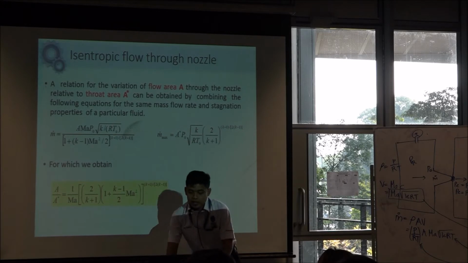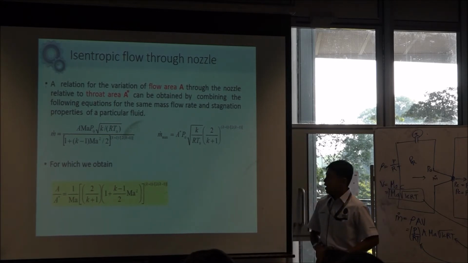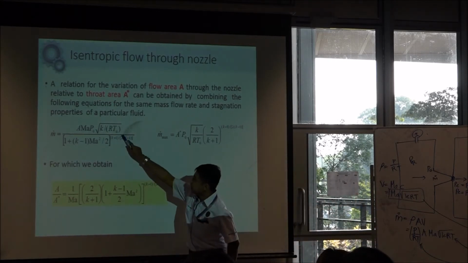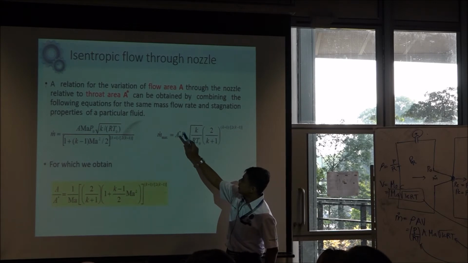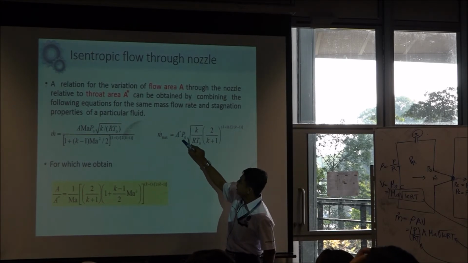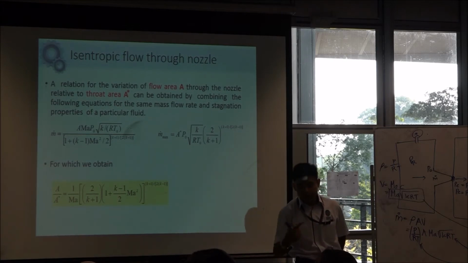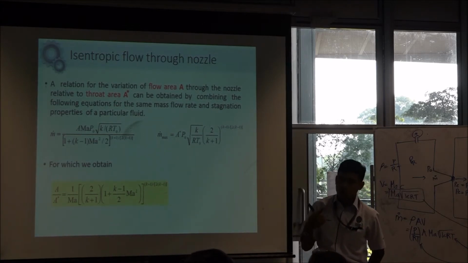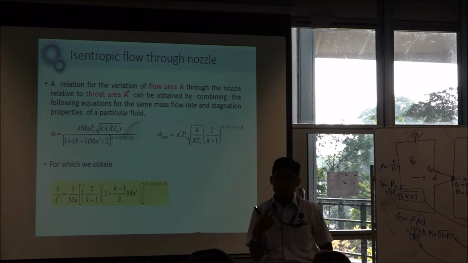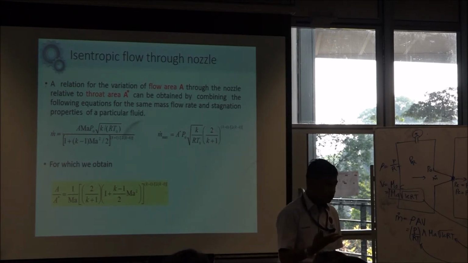And then this one, if you look at this and this, you know that in this case it is only achieved when Mach number is equal to 1, and it will only occur at the throat. So you always know that the area is the area of the throat.